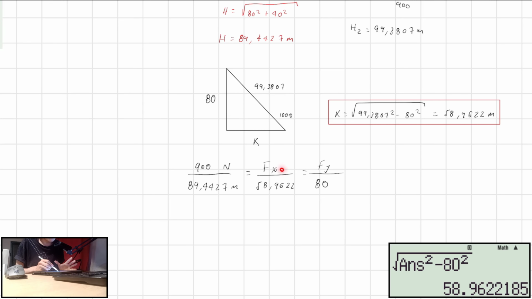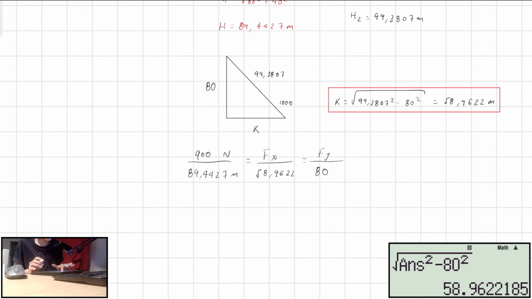So right here we have newtons, and right here we have meters. It is equivalent, and same as this. If you didn't get it, please stop the video and repeat it. No matter how many times you repeat it, the important thing is that you get it. But yeah, newtons, meters, equivalents, and right here I have our first equivalence. That is pretty much it.